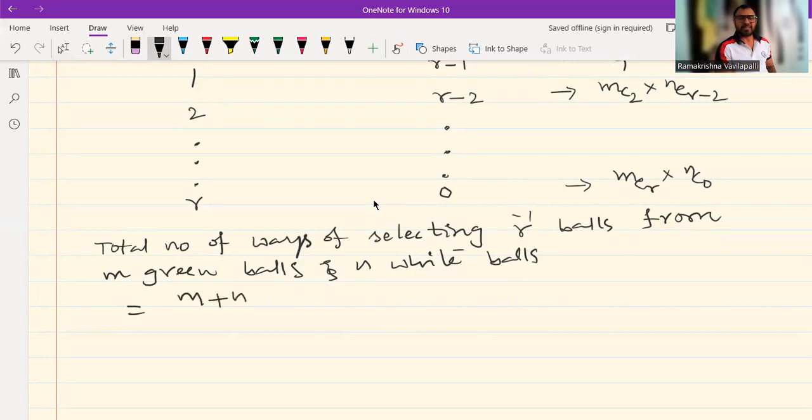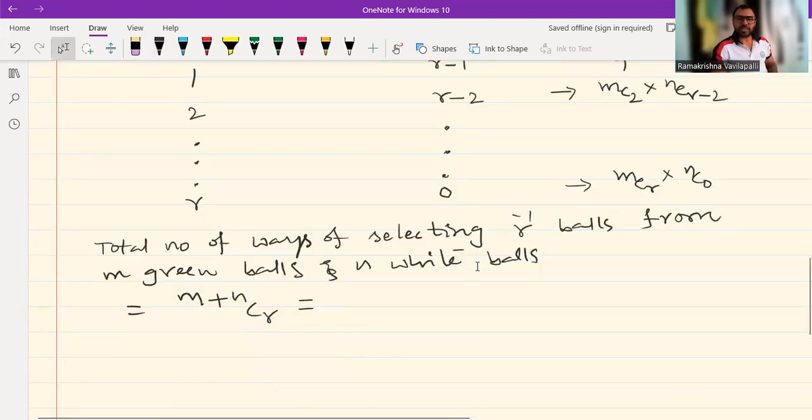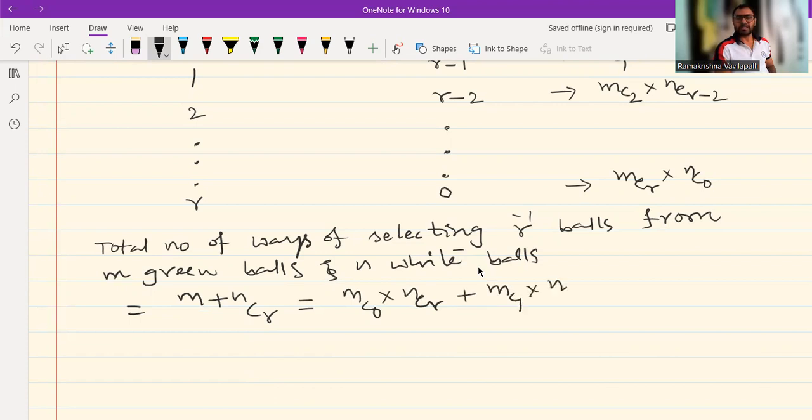So (m plus n) C r is nothing but the sum of all possible cases: mC0 into nCr, mC1 into nC(r minus 1), mC2 into nC(r minus 2), and so on, up to mCr into nC0.